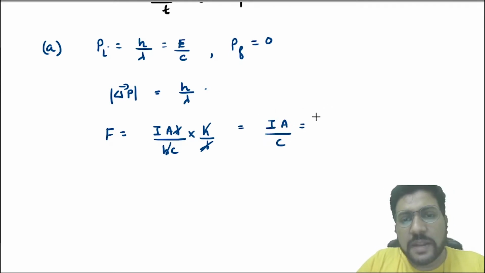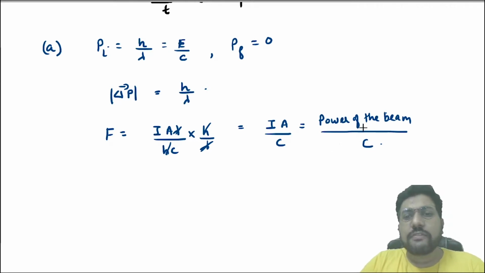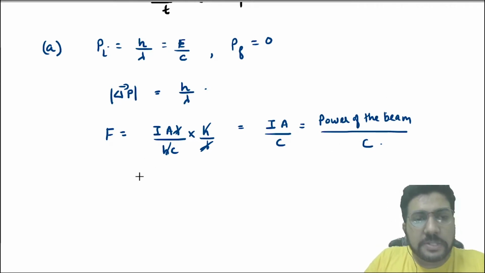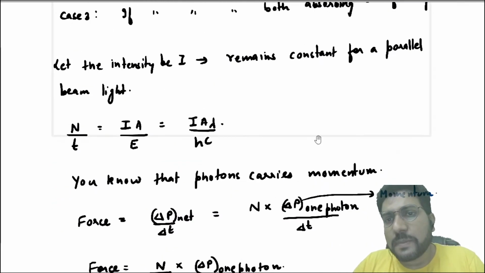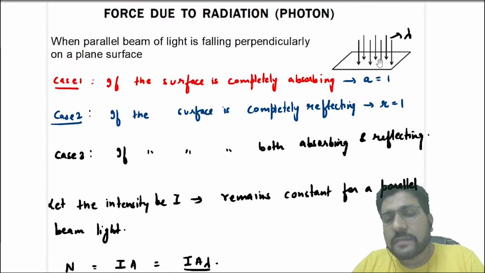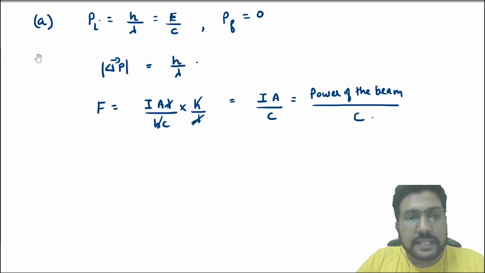And I multiplied by A is also called the power of the beam. So the force is the power of the beam divided by c. This is the force exerted on the completely absorbing plane surface by a parallel beam of light.